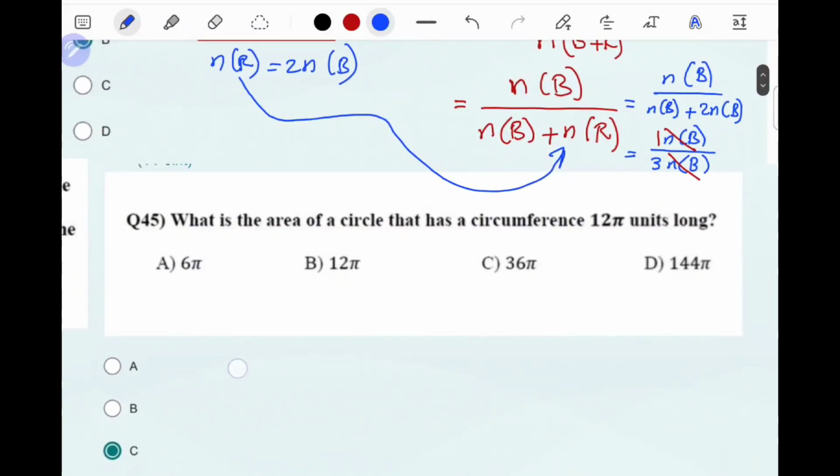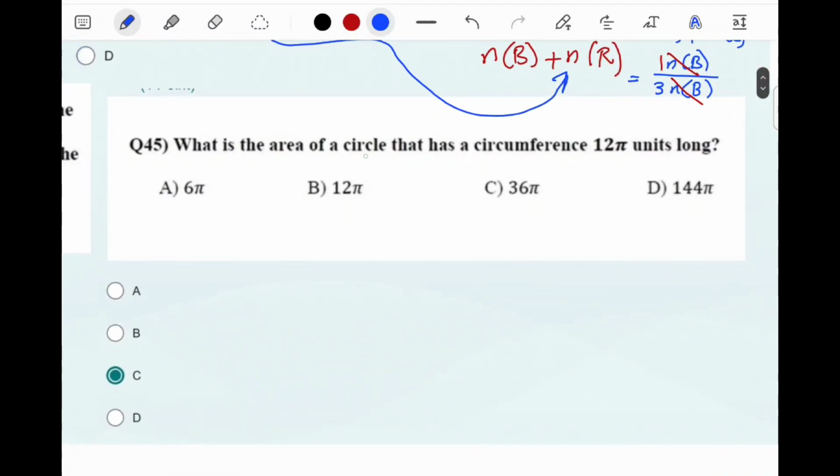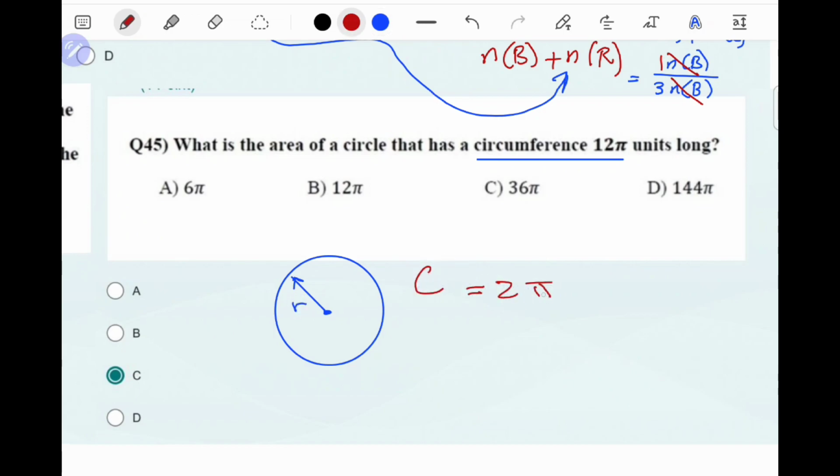The last question. What is the area of a circle that has a circumference given by 12 pi? So we know that for any circle of radius r, the circumference is defined as 2 pi times the radius r.